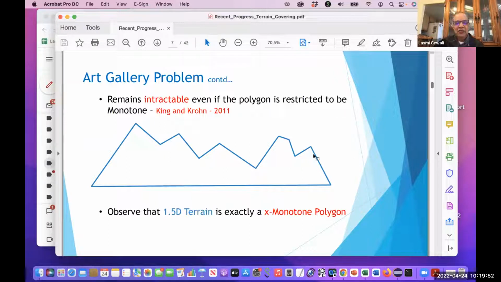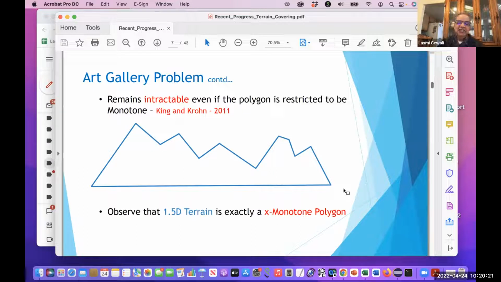So when we model a room by a monotone polygon, rather an X-monotone polygon, then it precisely captures the problem that is faced for placing telephone towers on 1.5D terrain. So you can think of this as 1.5D terrain, and this is the base.